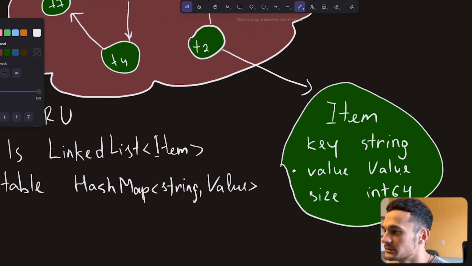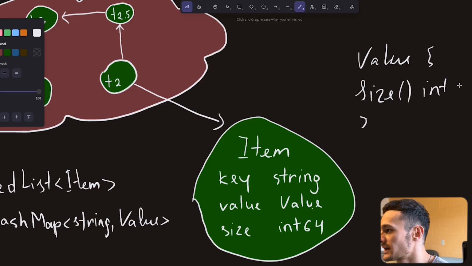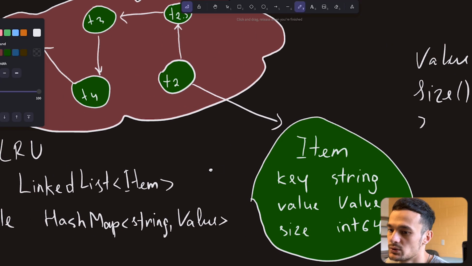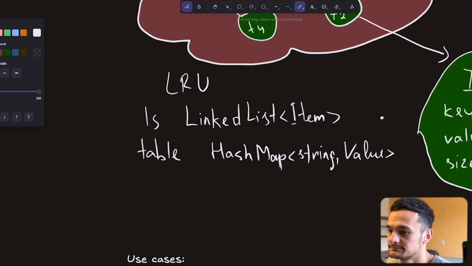And that value is an interface that implements size, which returns, in my case, in Go, an int64, the size of the actual value.